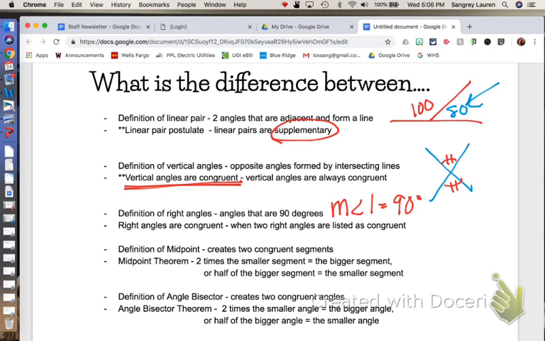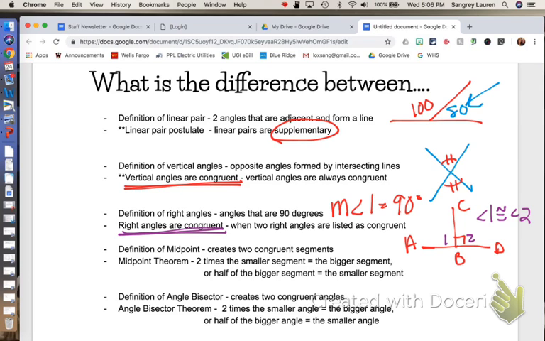If I list 2 angles, so let's say I have a picture, and this is A, B, C, D, and I know that they're both right angles, let's make this angle 1 and angle 2. If I say angle 1 is congruent to angle 2, and you notice that they're both right angles, then we use the phrase, all right angles are congruent. Okay, so there's the difference between those two.